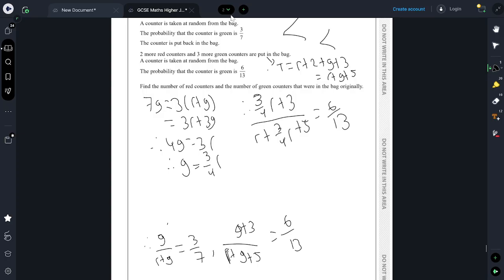And now actually we can simplify this. So 3 over 4r plus 3. But these we can collect like terms. So r plus 3 over 4r, that's the same as saying 1r plus 3 over 4r, which is 1 plus 3 over 4. Now that is 4 over 4 plus 3 over 4, which is 7 over 4. So 7 over 4r plus 5 is equal to 6 over 13.